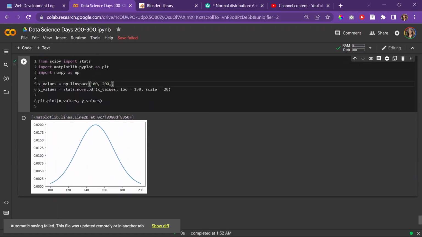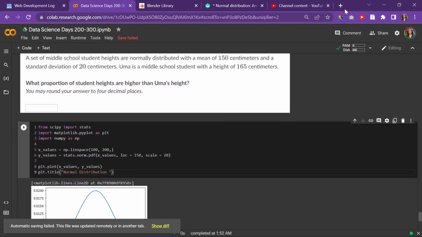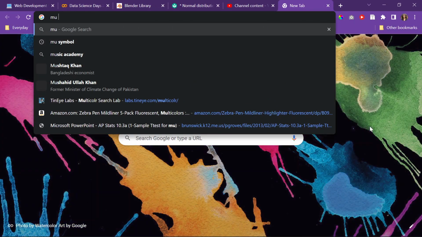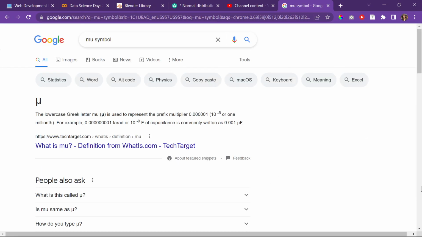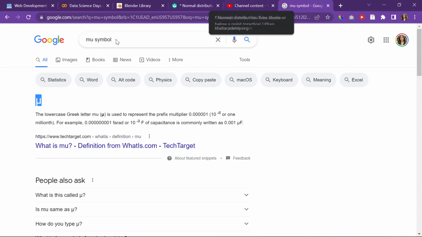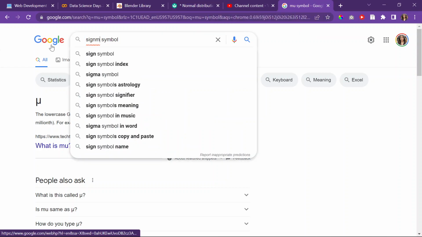Yeah, that makes much more sense. And then what were we gonna say? Oh yeah, let me add a title for the graph. So this is basically a normal distribution with, let me search up the mu symbol. And then let's look up the sigma symbol.